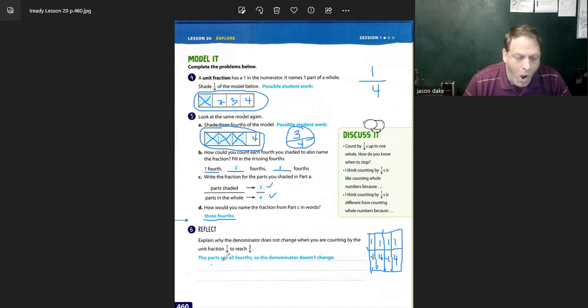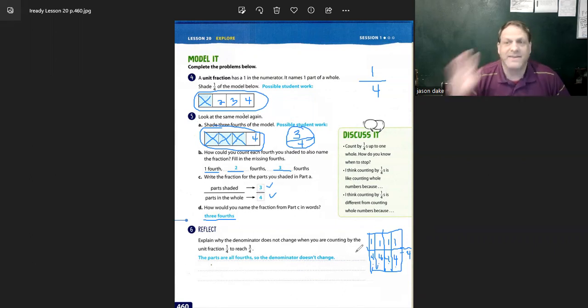All the parts are fourths, so the denominator does not change. See, these are all 4s, so we don't have to change them because they are all the same. When they're not all the same, that's a whole different story we're going to learn later.